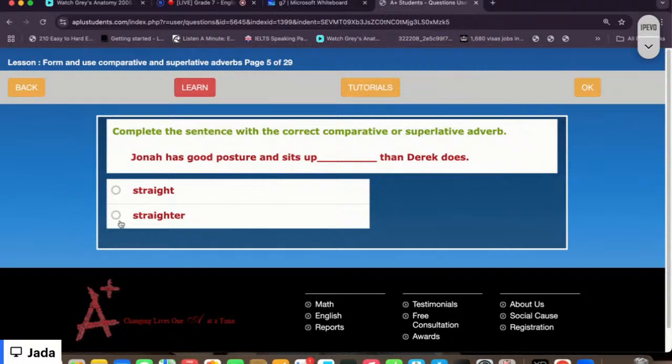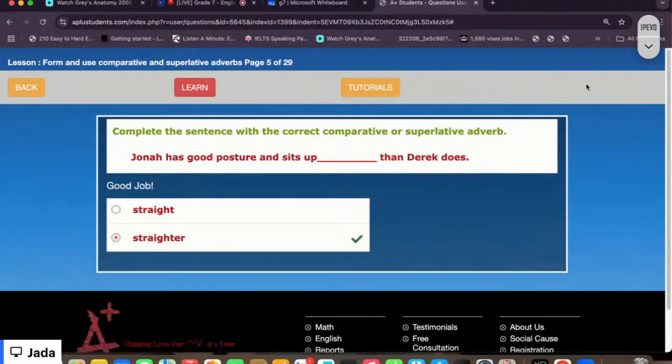So you can say sits up straighter than Derek does.